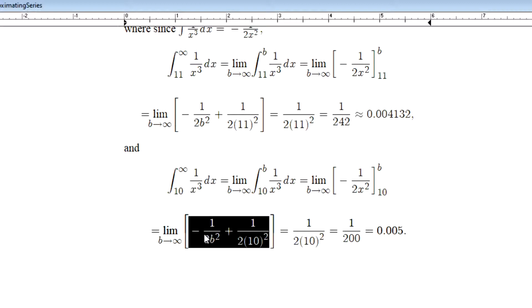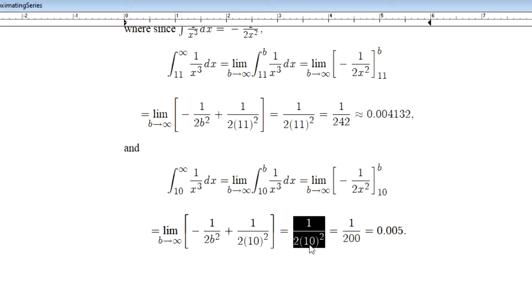The first term in this argument of the limit heads to 0, which leaves us with simply the second term, 1 over 2 times 10 squared. Well, 10 squared is 100 times 2 is 200, and our result is 1/200th. So the remainder, using s sub 10 to approximate s, will always be smaller than 0.005 in value.